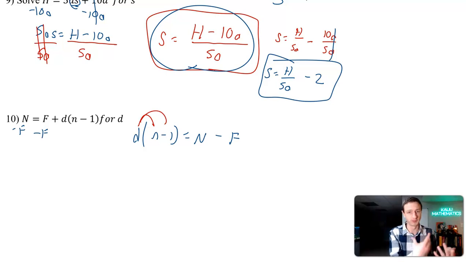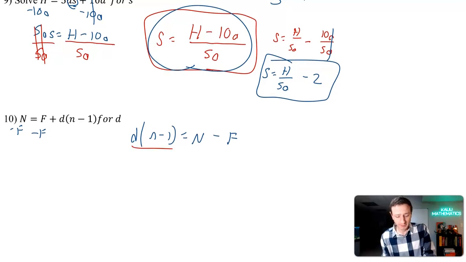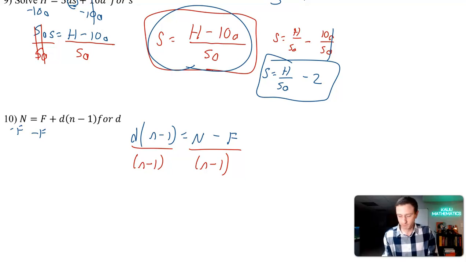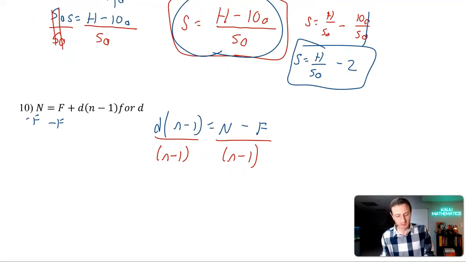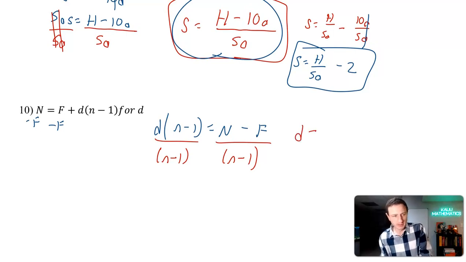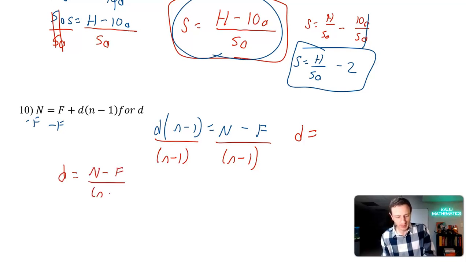I don't have to. Because it's D times N minus 1, I just have to divide by N minus 1. So that leaves me with D is equal to N minus F over, in parentheses, N minus 1.